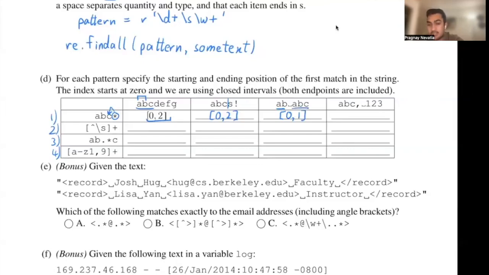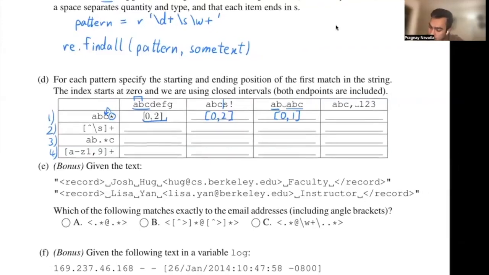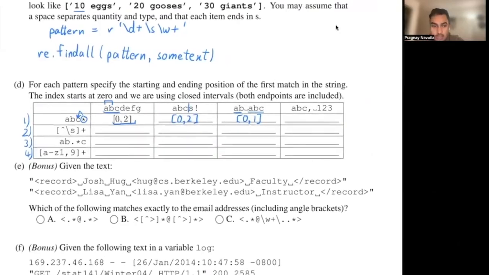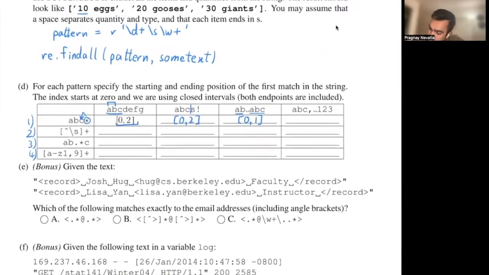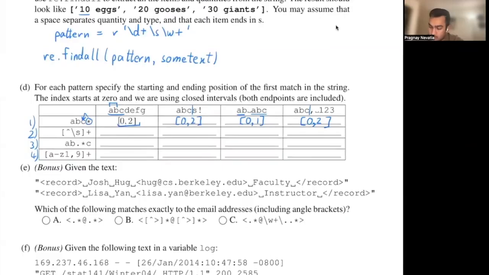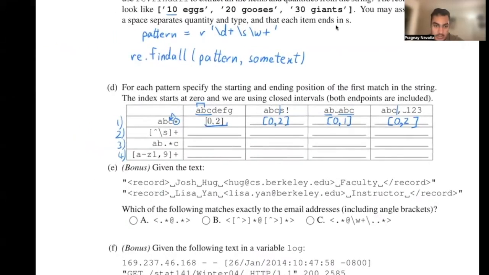And then, of course, ABC will be a second match. But in this question, we are only talking about the first match. Okay, and then there's one more column. Here, you have ABC followed by a comma and some numbers. However, our match ends right at the C. And again, this is 0, 2, for the same reason as columns 1 and 2. Okay, so let's see what the next part brings us.